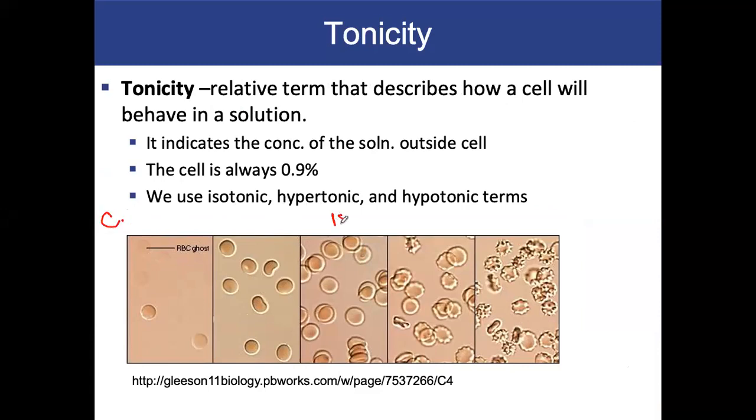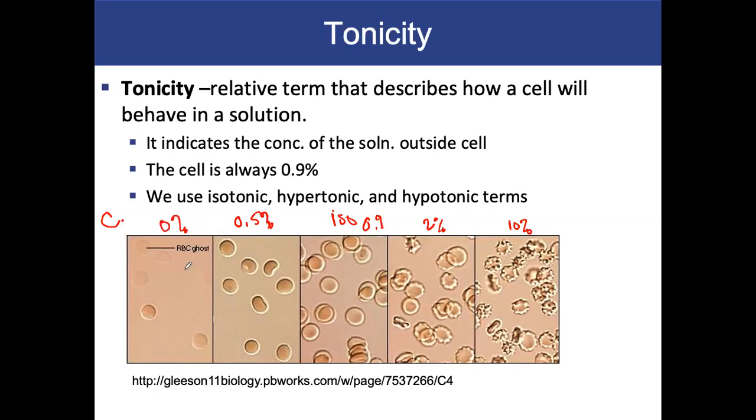This is your isotonic solution, so this is your 0.9% solution. This is your 2% solution. This would be a 10% solution, what you would expect to see in a 10% solution, even though you don't have to record that for lab. And then this would be a 0.5% solution, and this would be a 0% solution.